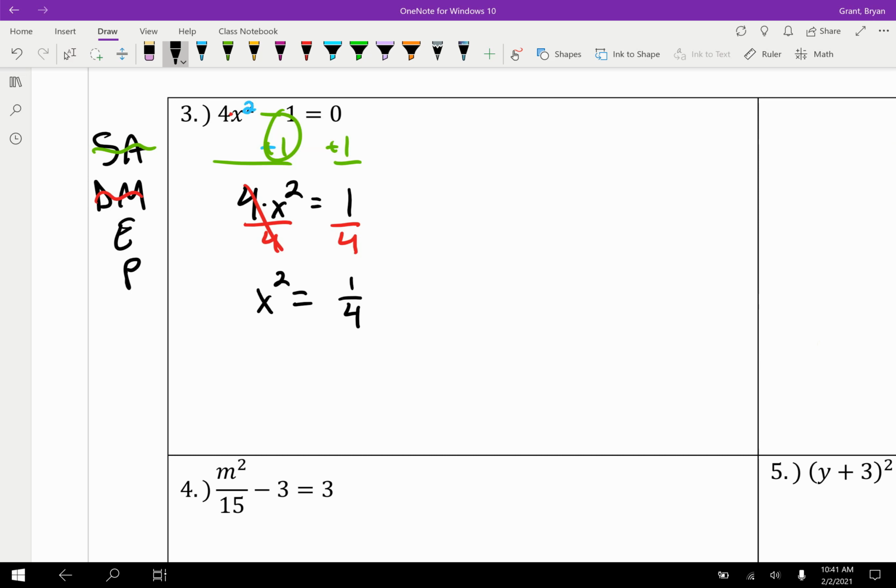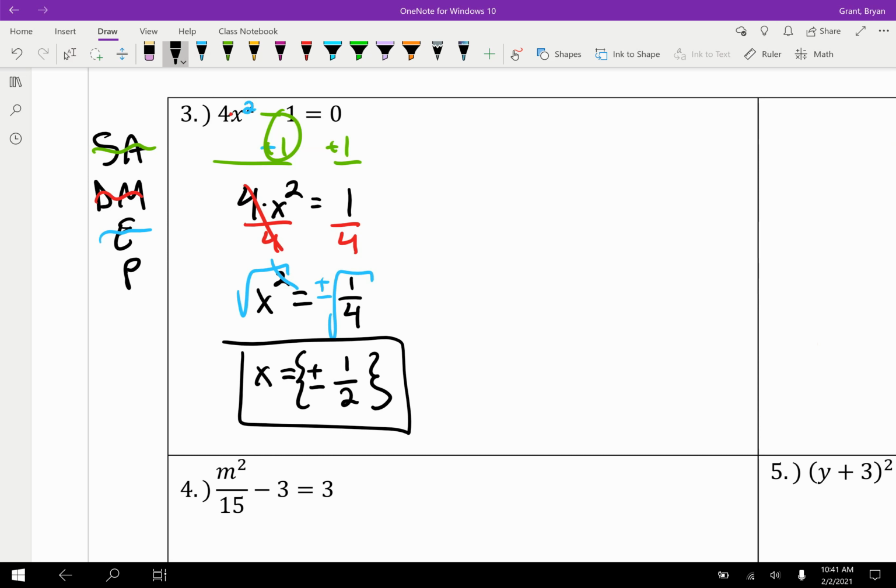So what do we do here? Well, we keep it as the fraction 1/4, and we do the last part. We undo the exponent by square rooting both sides, plus minus, and that gives us x equals, let's see if we can distribute this square root. We can, it's division. Okay, so square root of 1 is 1, square root of 4 is 2, and there's our fraction. That's the final answer, 1/2.